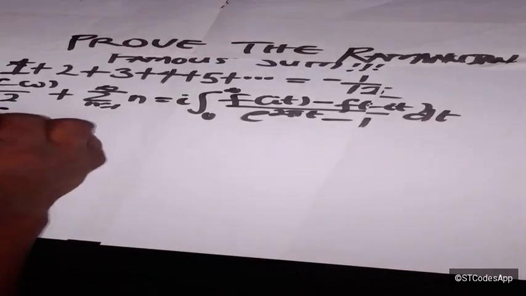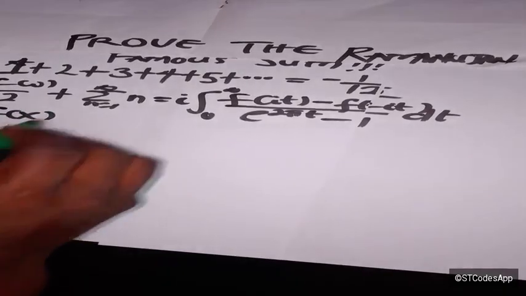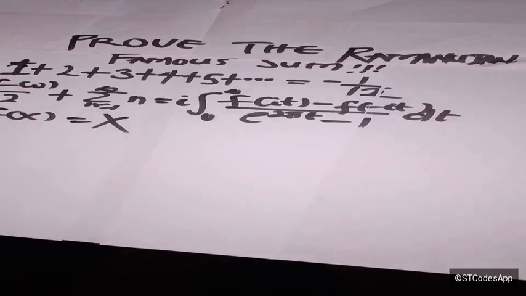Now, what can we do? We can introduce an arbitrary function here. So let f(x) be a function. Let f(x) be equal to x. If f(x) is equal to x, then if I put 0 here, this will also be 0, so f(0) will just be 0.